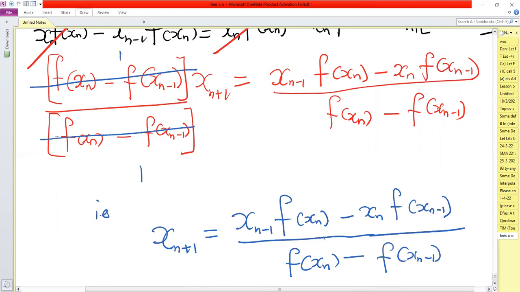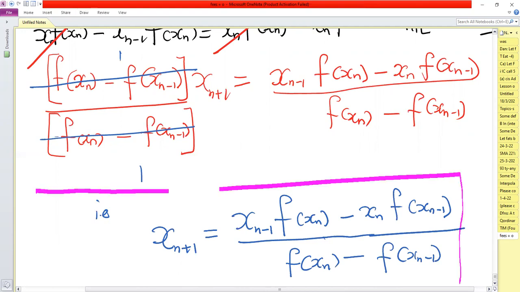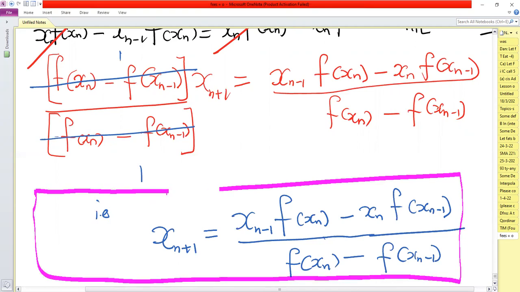So this is the second method for approximating the root of the equation f of x equals 0.